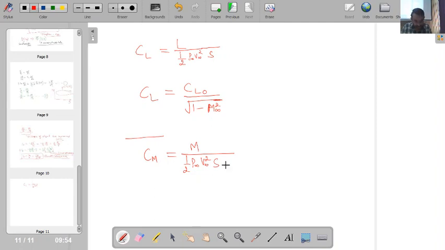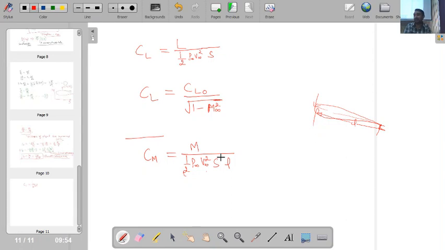Say L is the distance, which is nothing but the chord of the aerofoil. So if your aerofoil is something like this, and say forces are like this, then some moment will be acting about this chord. The chord length here is L. Is this point clear? So pressure multiplied with projected area is our force, and then multiplied with L is our moment.